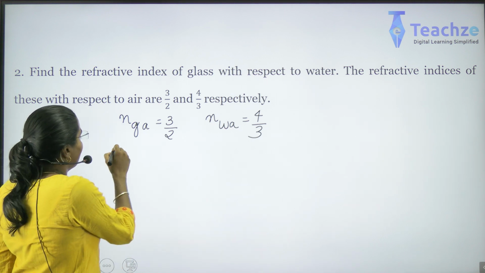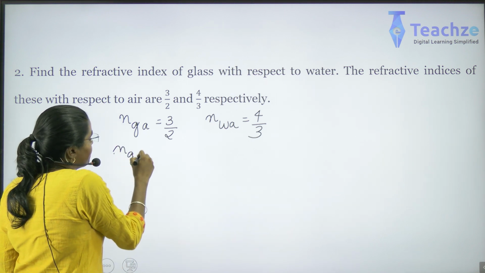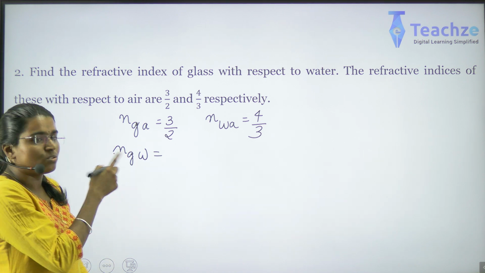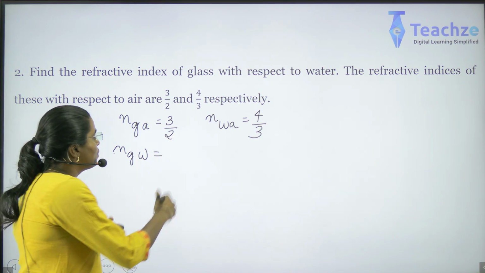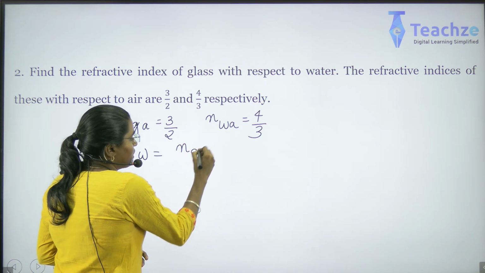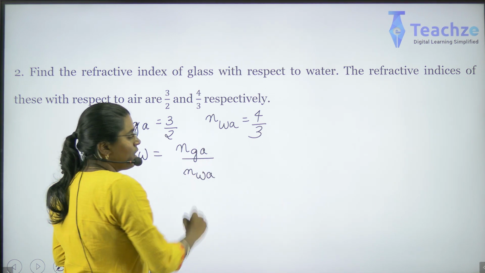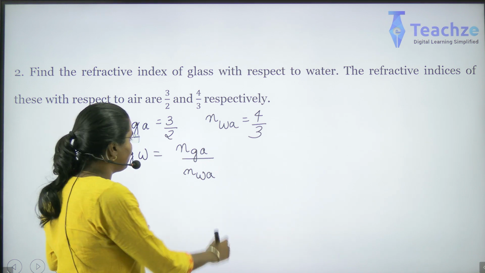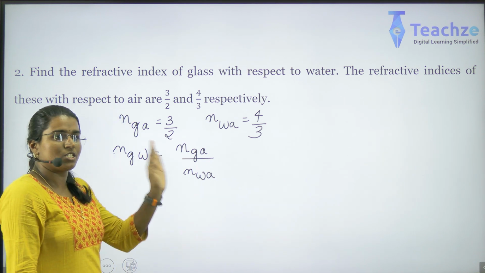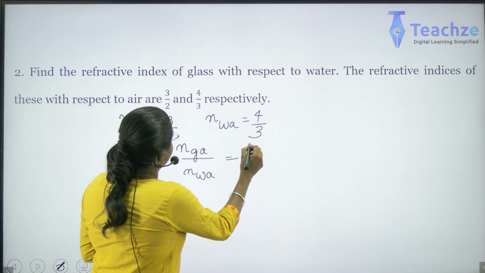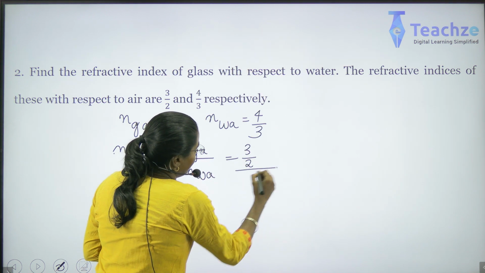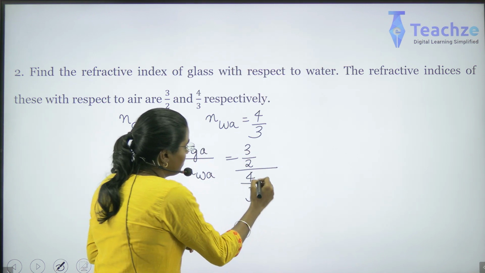We know these two, right? It is very easy. So refractive index of glass with respect to air divided by refractive index of water with respect to air will give you the refractive index of glass with respect to water. So 3 by 2 divided by 4 by 3.